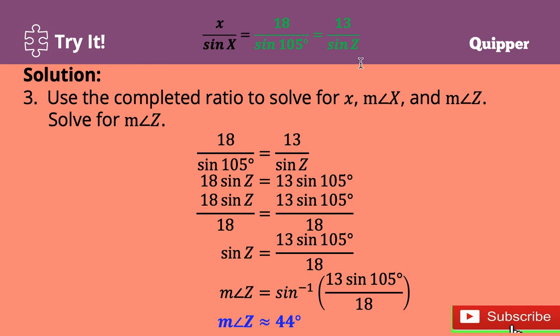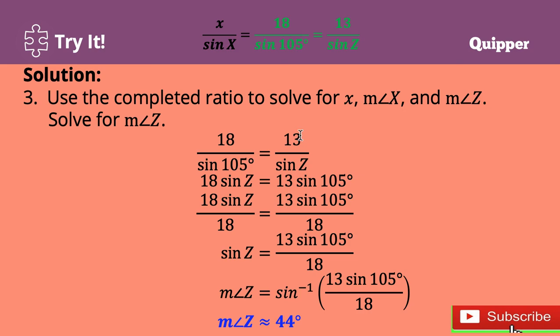Since this ratio here is already complete, we are going to use these two ratios to find sine z, or the measure of angle z. 18 over sine 105 degrees is equal to 13 over sine z.